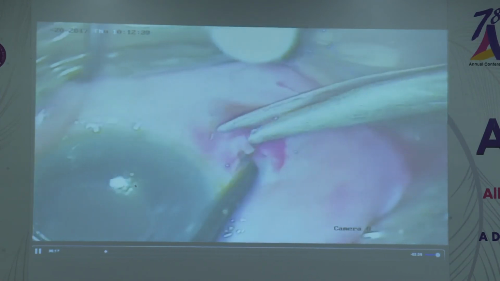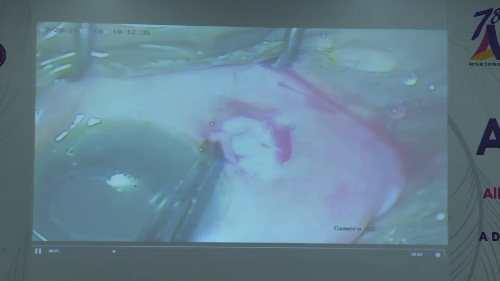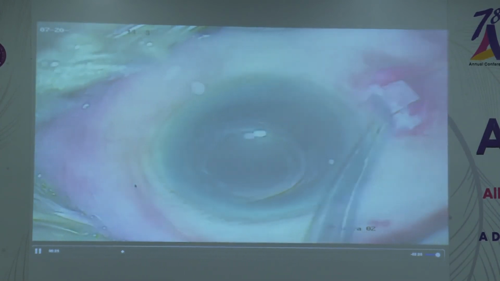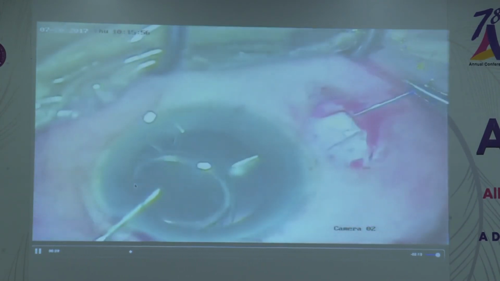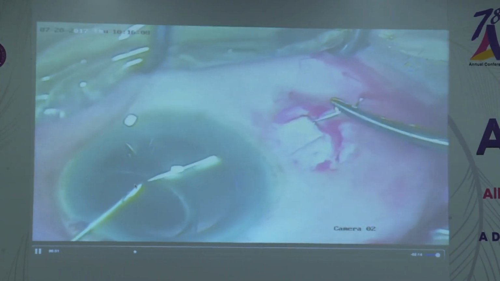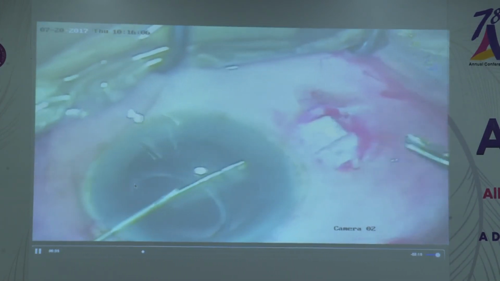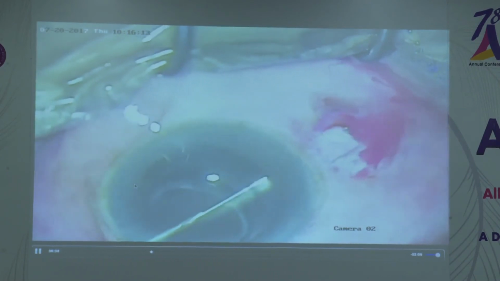A scleral pocket is made, and again we use a 9-0 or a 10-0 Prolene. First we go posterior to the bag, pierce the bag at the haptic-optic junction, and bring it out from the main port.